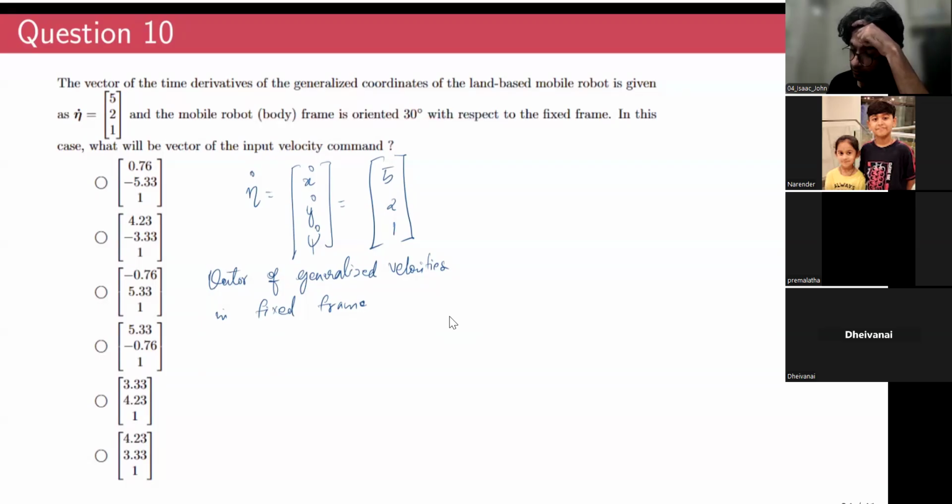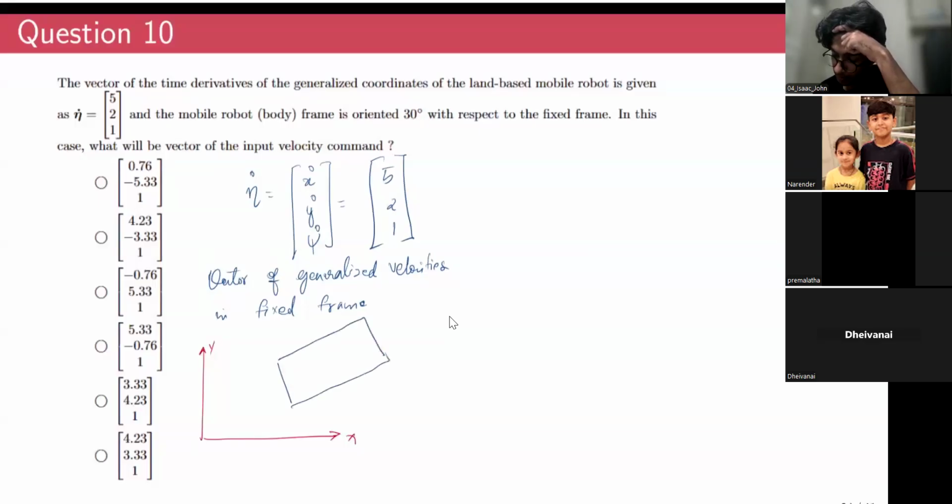So if you consider this as the fixed frame, the y-axis, the x-axis, and you have the mobile robot which is oriented 30 degrees with respect to the fixed frame. If this is xb, if this is yb, the relative orientation between the fixed frame and the body fixed frame is 30 degrees. I hope that is clear.